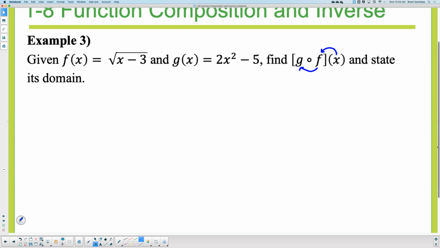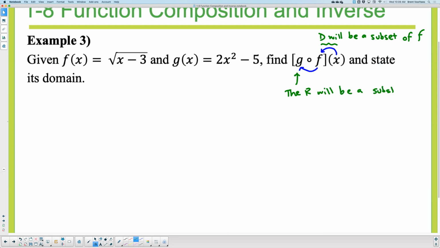That means the domain will be a subset of f, and the range will be a subset of g.